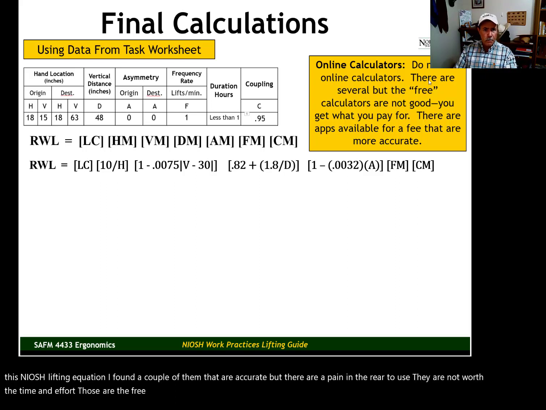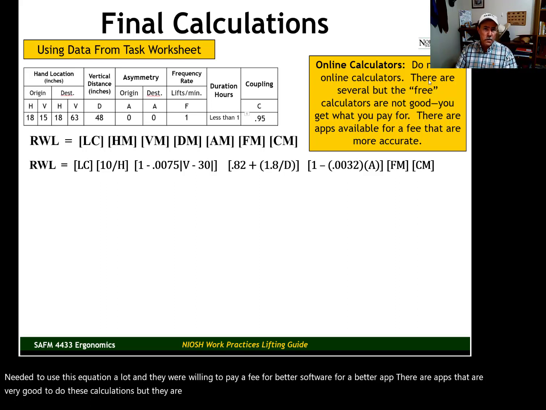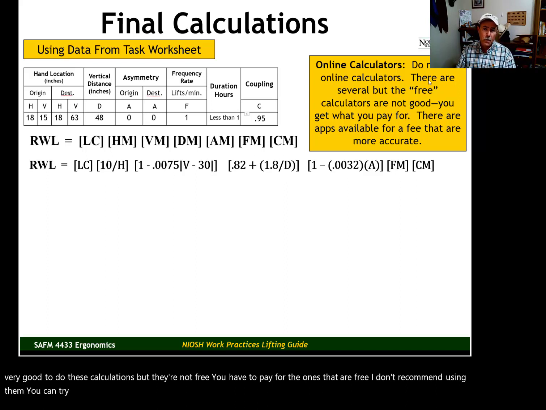Now, if your company needed to use this equation a lot and they were willing to pay a fee for better software, for a better app, there are apps that are very good to do these calculations, but they're not free. You have to pay for them. The ones that are free, I don't recommend using them. You can try them when you do the practice problem if you want to, but I don't recommend using them.